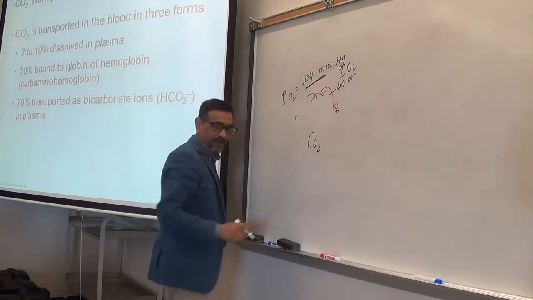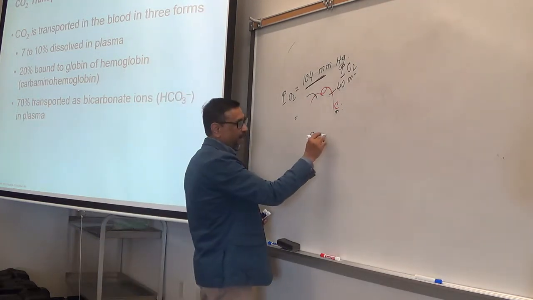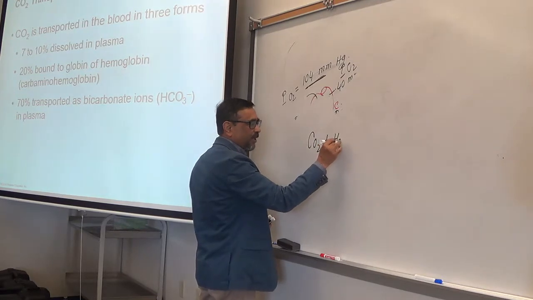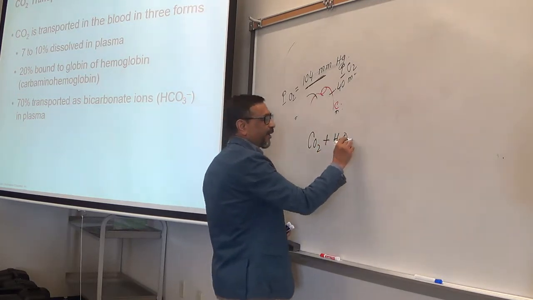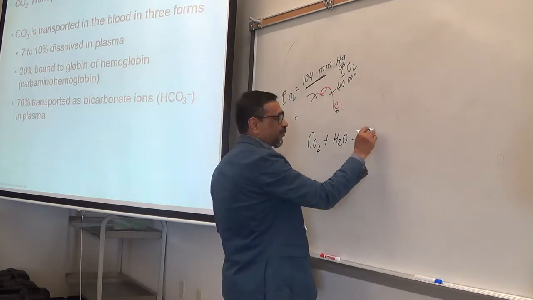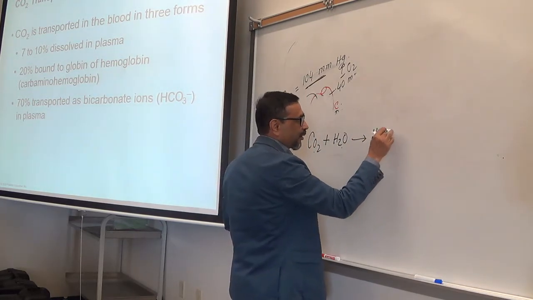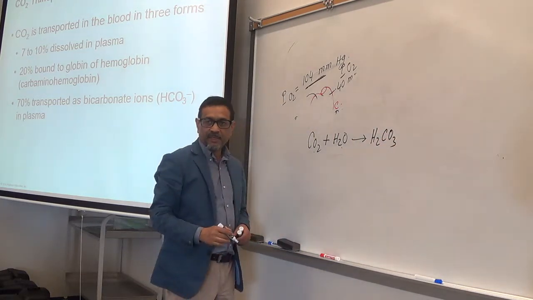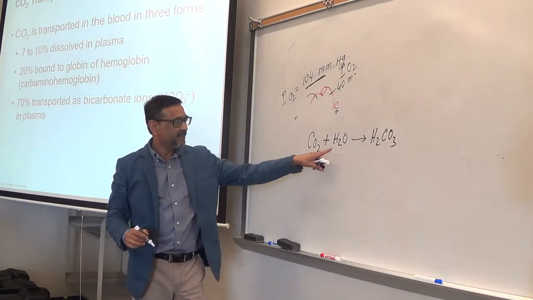Carbon dioxide enters into the blood, and blood has water, plenty of water, and what happens? They quickly form carbonic acid, H2CO3. Make sense?